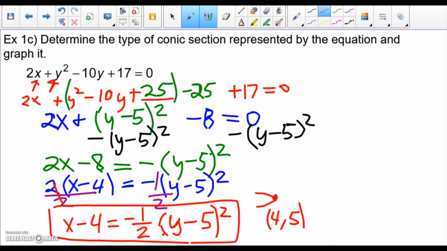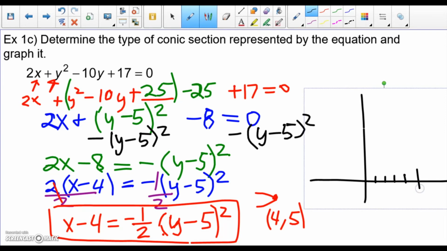So we have to graph that. Okay, if we have to graph that, we're going to go 1, 2, 3, 4, 5. And we need to go up to about 7 or 8. This parabola opens left.